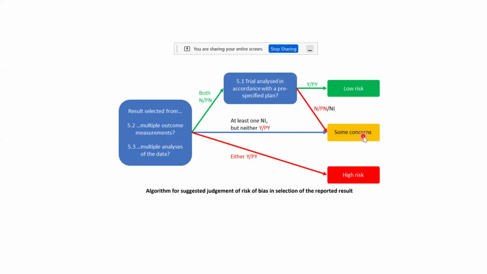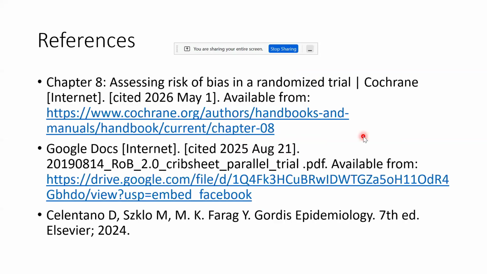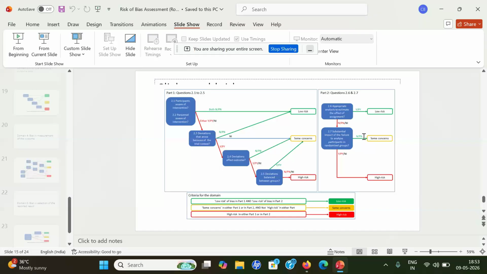So these are the 5 domains of risk of bias assessment in randomized trials. In each of those 5 domains, as we complete the algorithm, we will get the risk of bias assessment of each of these.